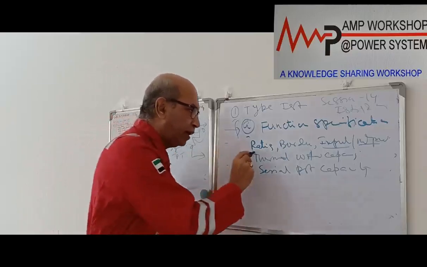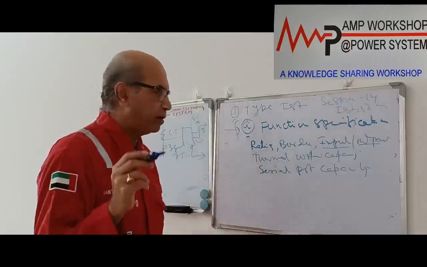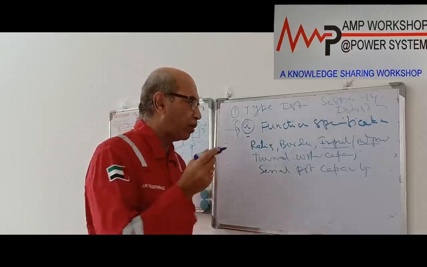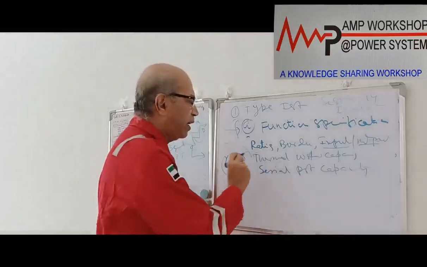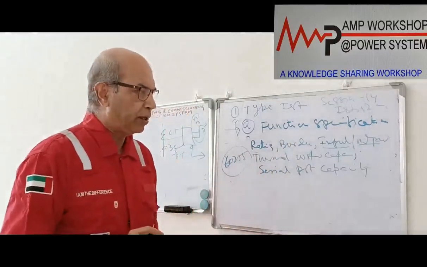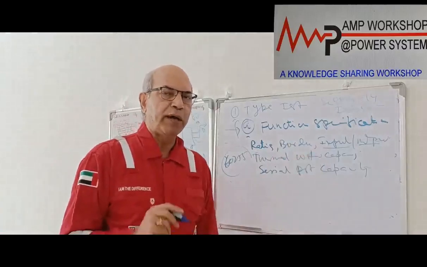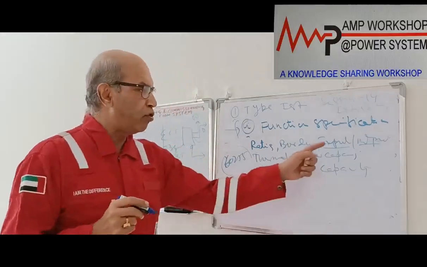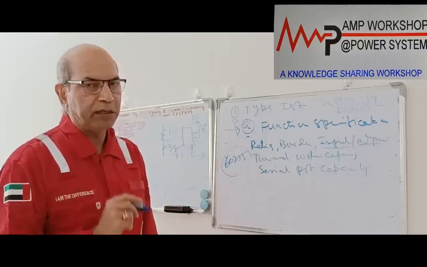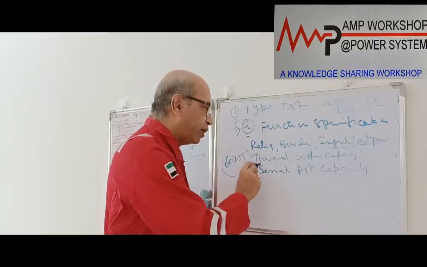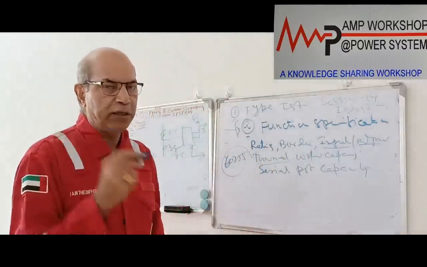So this rating and burden we check as per the stipulated procedure mentioned in the corresponding standard, 60255. It is clearly specified how to carry out this rating check and burden check. And input output check we do by overloading. You give the normal input output, and we check the input output is working or not as per the logic. The thermal withstand capacity of the input output we check by loading the input.